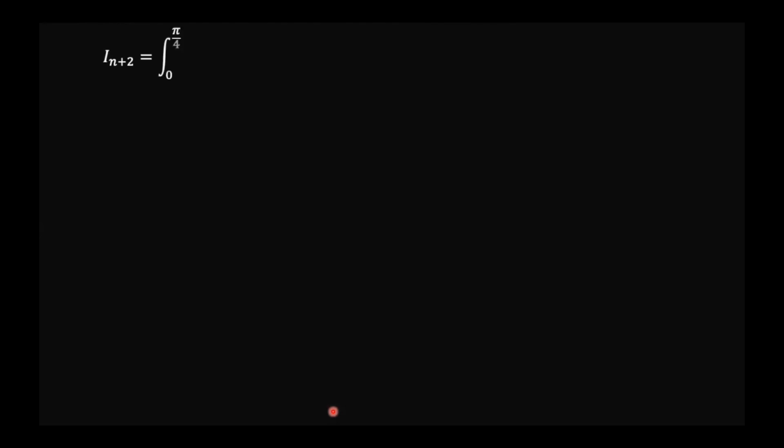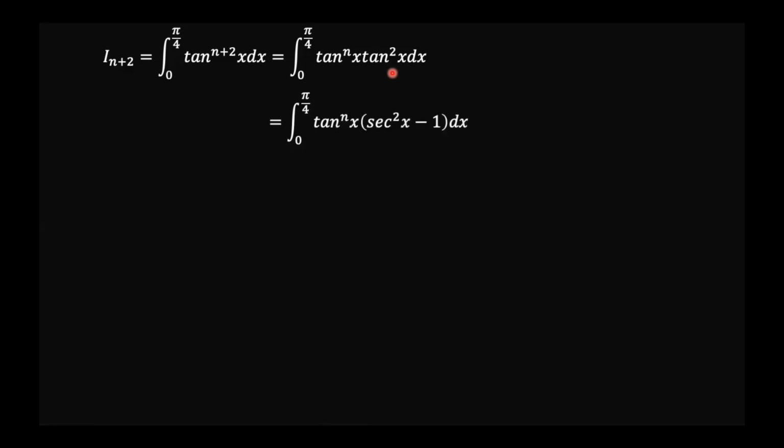Okay, so if we do the same process for I_n plus 2, the tan to the power n plus 2 of x can be configured as tan to the power n of x times tan squared x. And tan squared x can be replaced by sec squared x minus 1. So that is tan to the power n of x times sec squared x, minus tan to the power n of x.